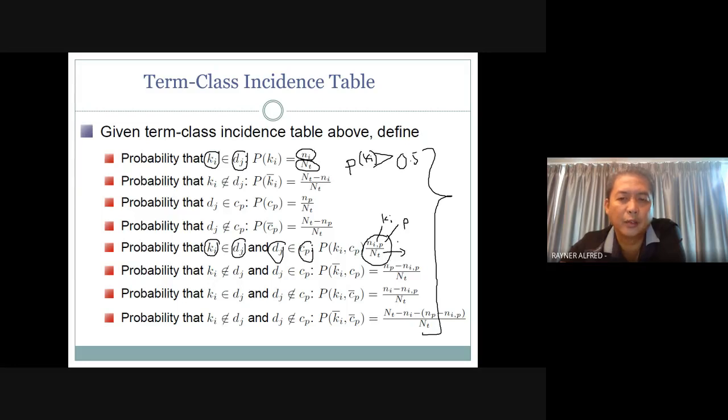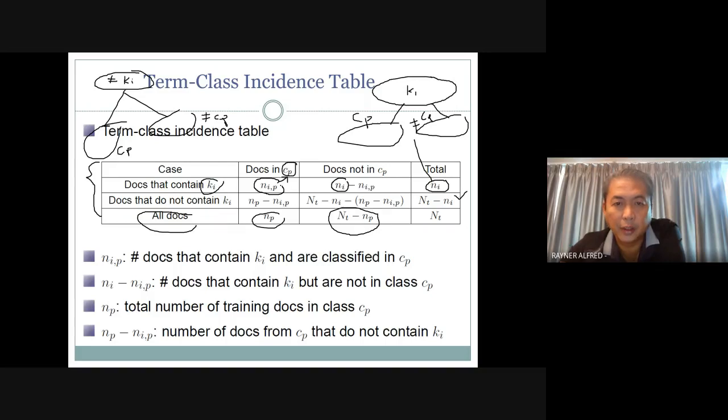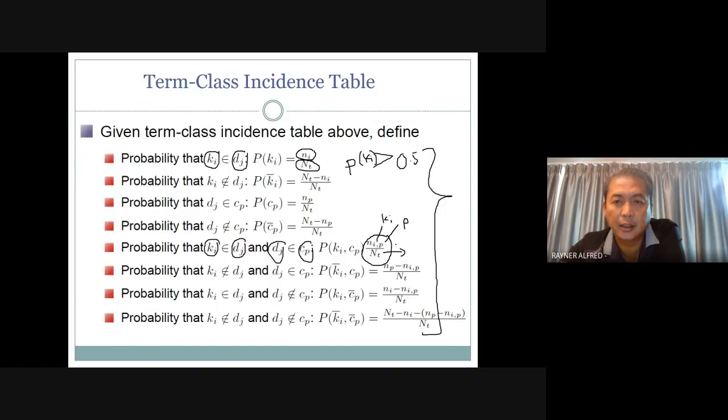Okay, so this one can be computed. We take that value and divide by this. So all can be computed. We could use any one of these to reduce the number of features that we have, the number of keywords that we have. Okay.